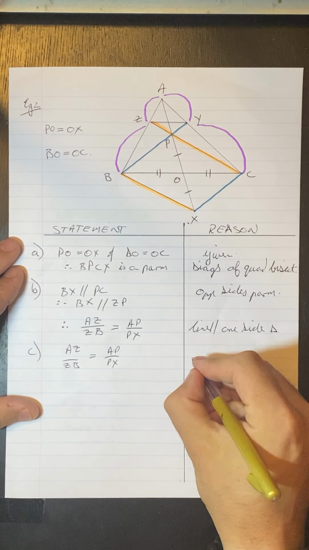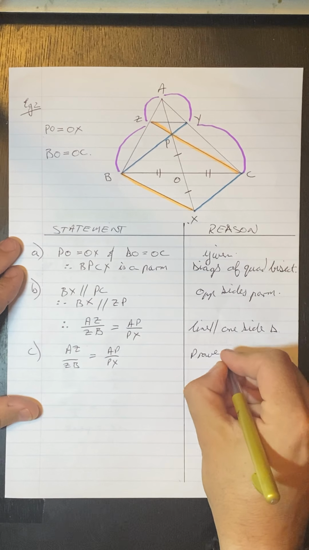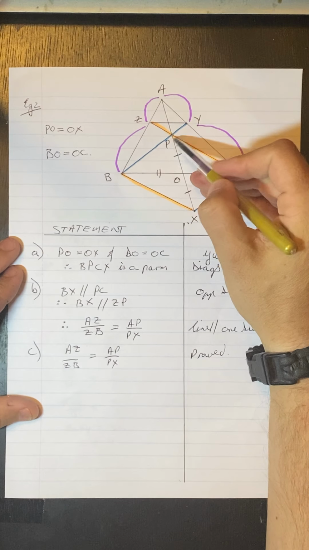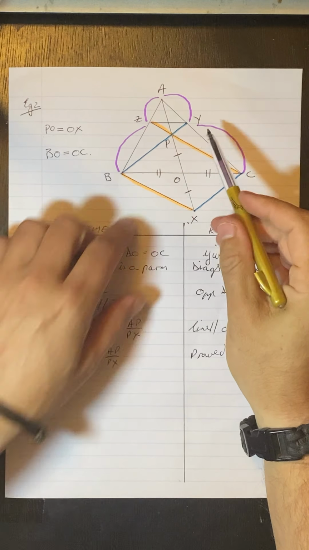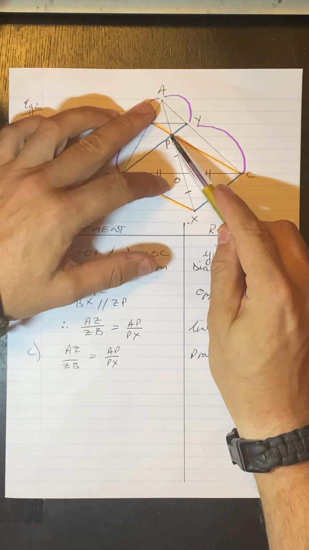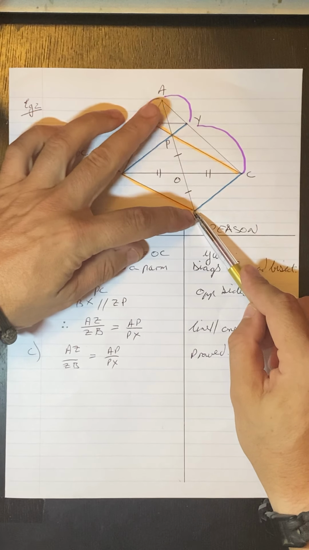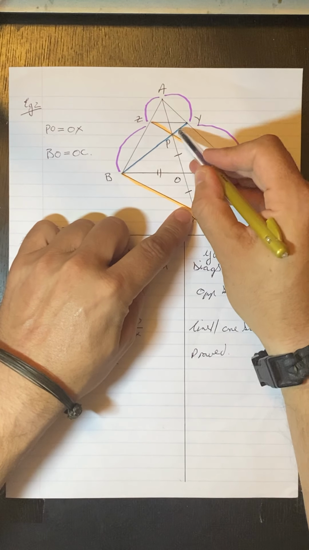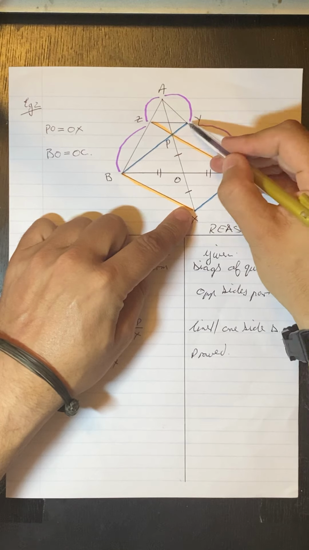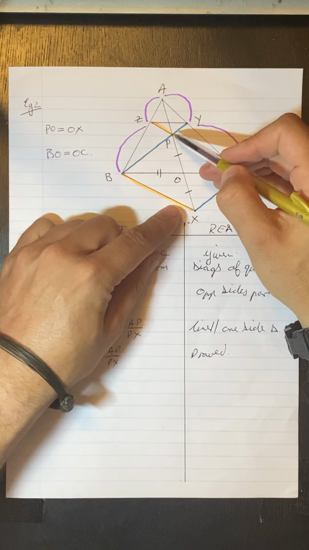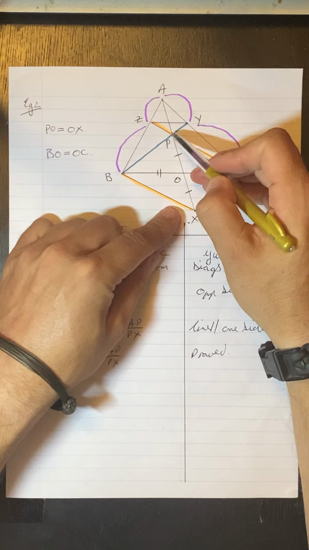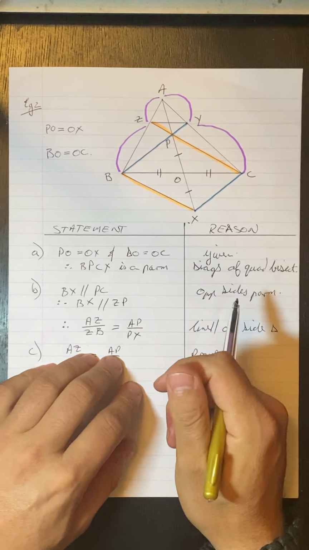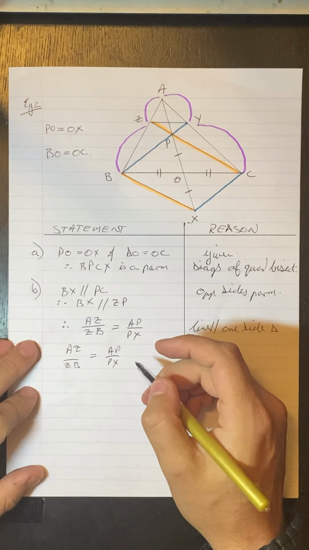We proved that above here. So this to this is this to this. And if I can link AP to PX to this side, then I've got it. But as you can see, I've already got it because these blue lines are parallel. So AY to YC is AP to PX, but AP to PX is AZ to ZB. Therefore, those things must be equal, and that's my logic.